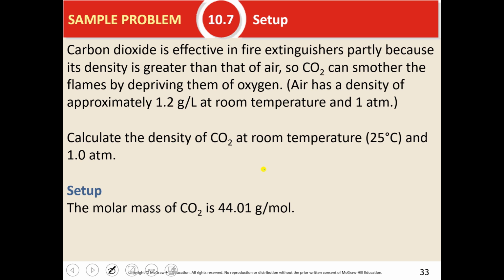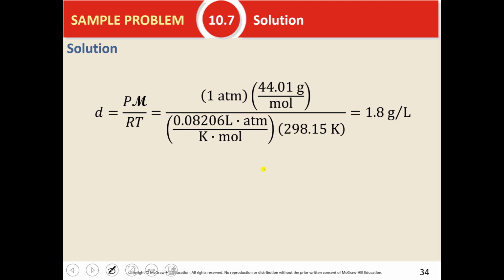So if carbon dioxide has a higher density than air, we should expect to see our answer to be larger than 1.2 grams per liter. So you can very quickly calculate the molar mass of carbon dioxide, which is 44.01 grams per mole, and that's our M. And if we use density equals pressure times molar mass over our ideal gas law constant R times T, we simply just plug and chug.